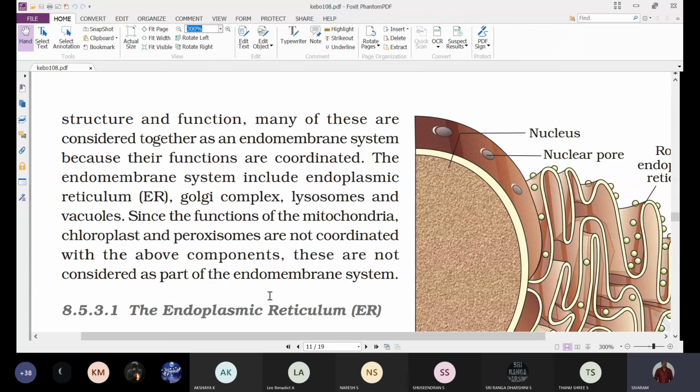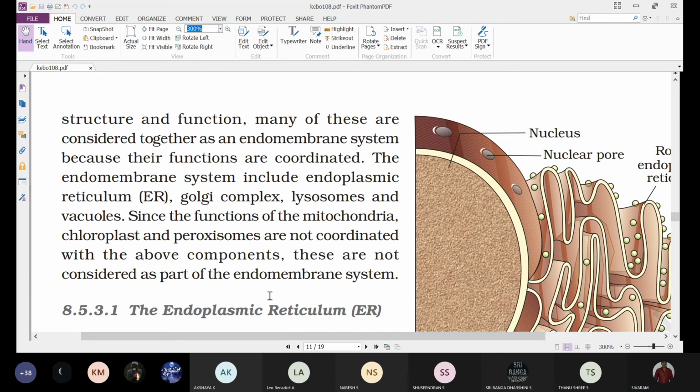Peroxisomes also function individually. They do not coordinate with the other cell organelles present in the cell. That's why, even though they are enclosed by membrane, they are not included under the endomembrane system.